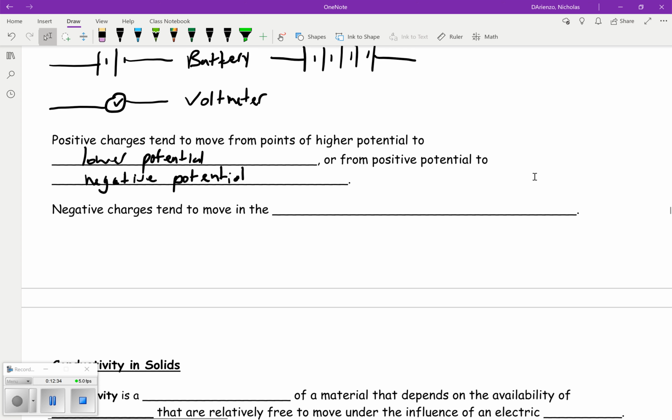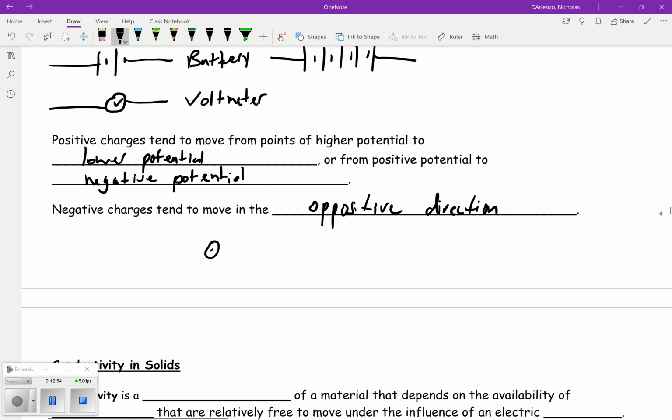Negative charges can move in the opposite direction, or from negative potential to positive potential. And that is the treatment that we will use in this course.